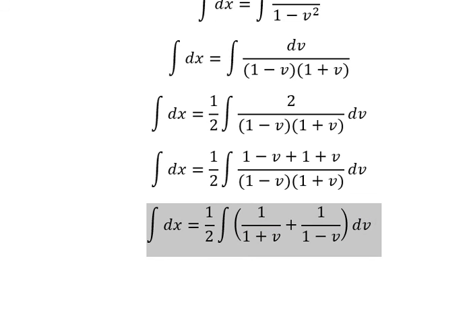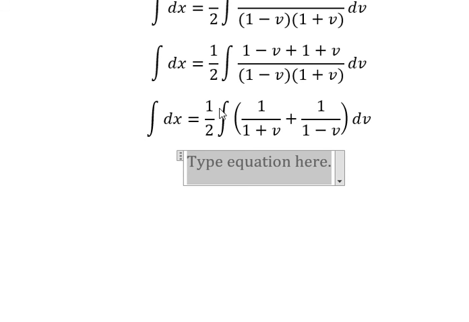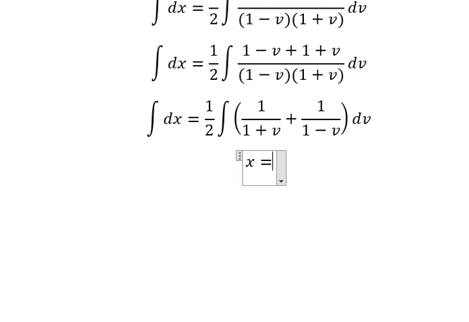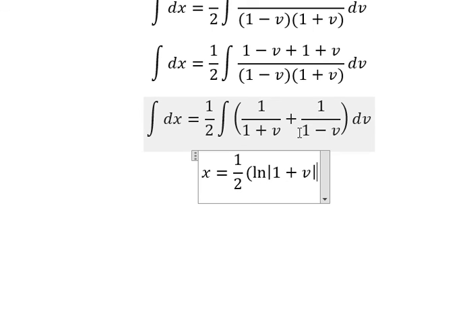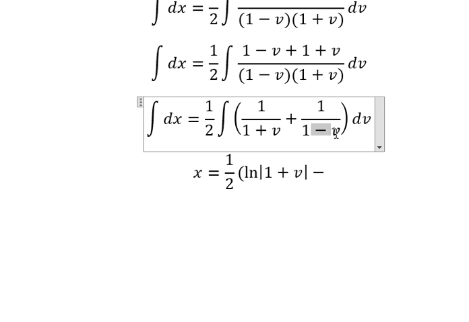And now we have the final answer. The integration of dx, you get x. The integration of this one, we have ln of the absolute value of 1 plus v. The integration of this one, we have negative because we have the negative sign next to v in here.